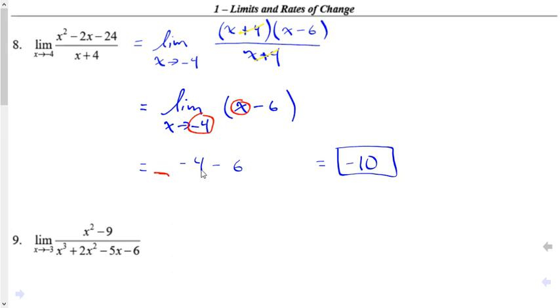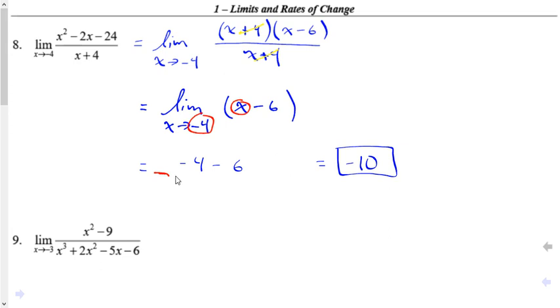Now that can be a frustration for students because some questions get really long, and writing this limit as x approaches -4, like 5 or 6 or 7 times down the page, gets kind of tedious. But on an assignment or a test, marks will be deducted if you don't show that you know when to keep the limit notation and when to get rid of the limit notation.